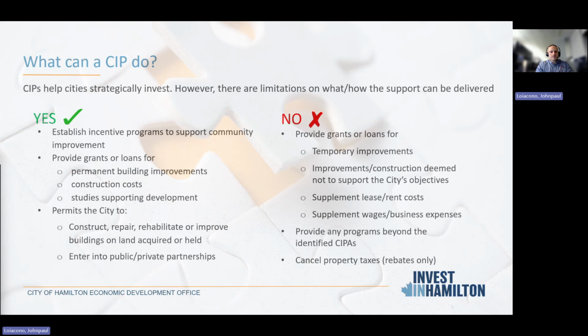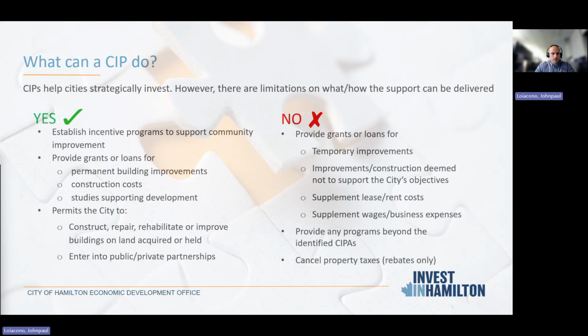And speaking of that, what can it do? A few things to emphasize here. One of them is that the programs, the actual financial incentives found in the CIP, these grants and loans, can be used for permanent building improvements or property improvements.